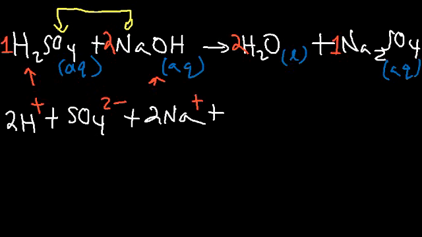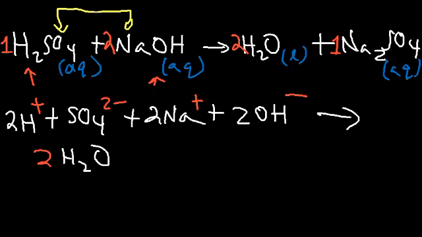But there's a 2 in front of it, so we have to incorporate that. Now water is a liquid, so we're not going to separate it into ions. Keep in mind, all of the ions are in the aqueous phase, so you can write AQ if you want. Sodium sulfate, it's aqueous, so we need to separate it into ions.